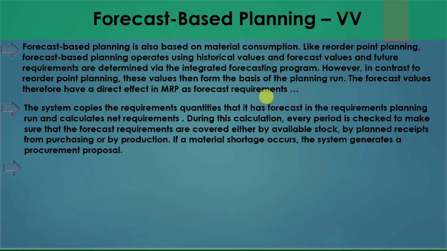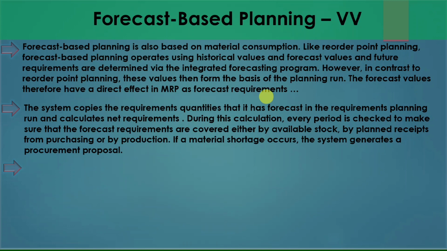Then the system copies the requirement quantity that it has forecast in the planning run and calculates the net requirement. During this calculation, every period is checked to make sure that forecast requirements are covered. So depending on the period, whether you are running this VV for weekly planning or monthly planning, the system will consider all the requirements.